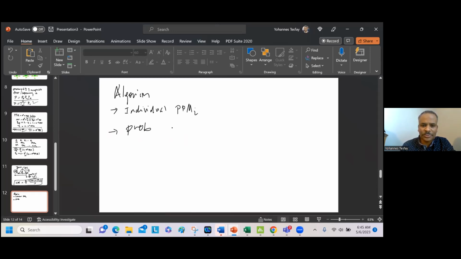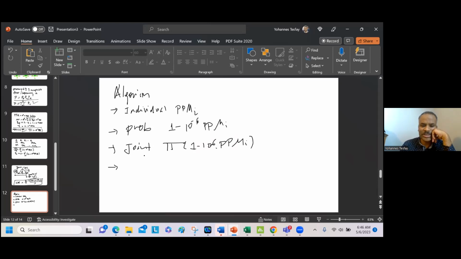This is equal to 1 minus 10 to the power of minus 6 times ppm_i, that is ppm for i. And the joint probability is the product of 1 minus 10 to the power of minus 6 times ppm_i, just like that.